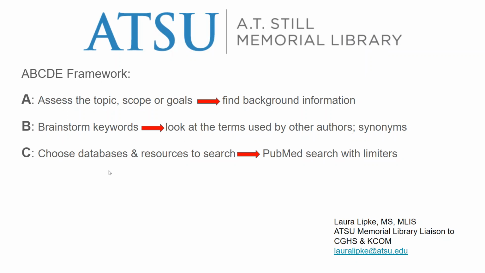We're then going to choose a database. You could start with PubMed, CINAHL Plus works well, TRIP database, and Cochrane Library. The resources we're searching for are level 1 synthesized evidence. Those randomized control trials, systematic reviews, meta-analyses. And we can do that with PubMed search limiters.